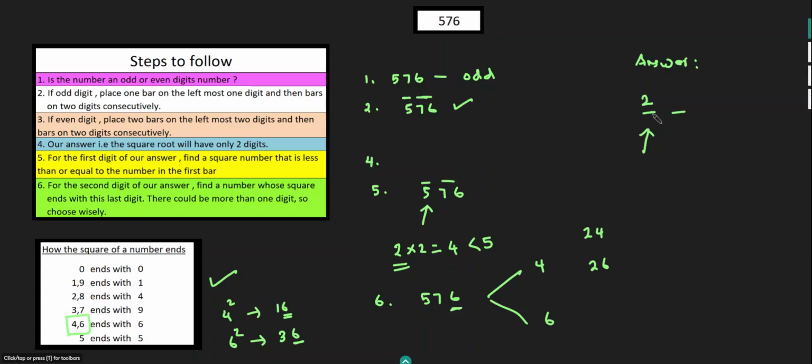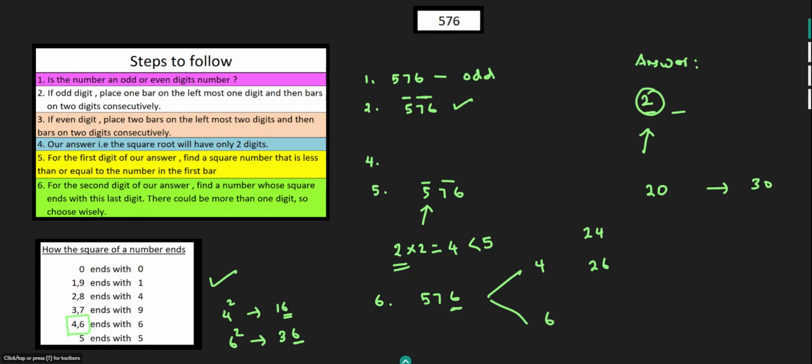For that, we take the first multiple of 10 closest to 2, so it is going to be 20. And then the next multiple of 10 is 30, which means our number is either going to be closer to 20 or closer to 30.